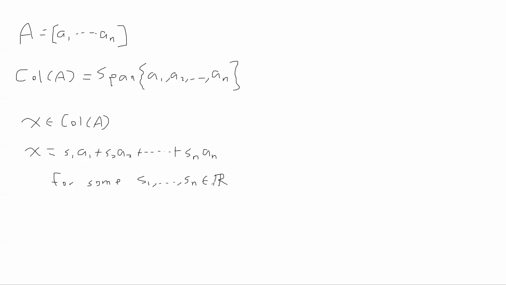So if you have a vector in the column space of A, you can get this vector by performing a linear combination using all the columns of A, the A1 to An.